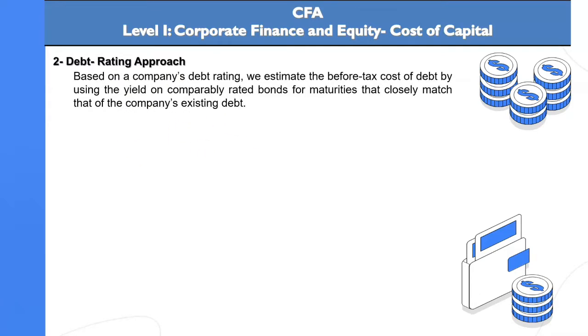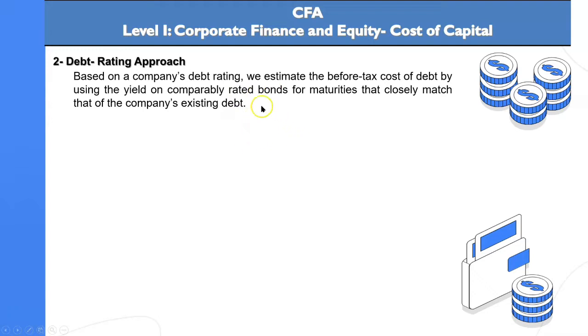So based on the company's debt rating, we can estimate the before tax cost of debt by using the yield of comparable rated bonds. We see the other bonds in the market which have a comparable rating, AAA or AA, similar to our rating, and then we use that as an approximation.